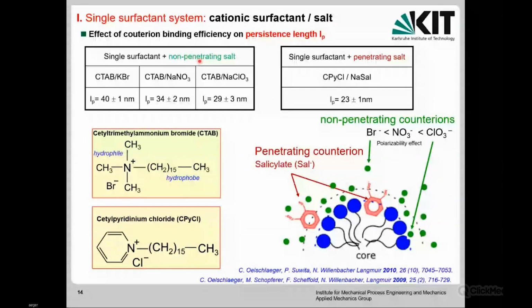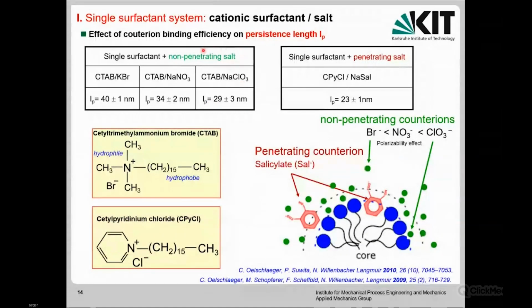We then investigated the binding efficiency, what's the effect on the persistence length, on the flexibility of the chain. You see here, when dealing with bromide salt compared to chloride salt, we have a decrease in LP, meaning the chain becomes more flexible when increasing the binding efficiency. This is for the non-penetrating salt.